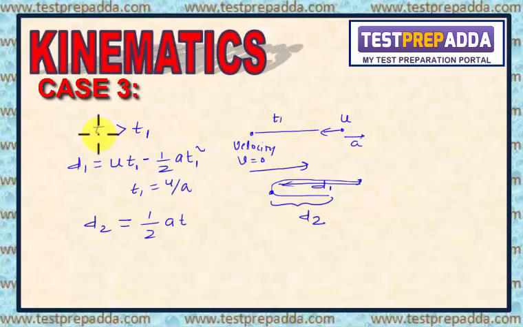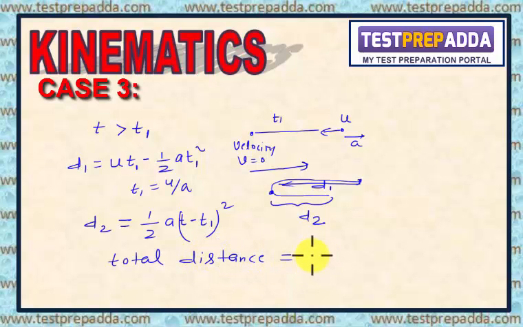So the remaining time will be t minus t1, so I'll write (t minus t1) square here. So this is another distance traveled by the particle. So what will be the total distance traveled by the particle? Total distance traveled by the particle will be d1 plus d2.